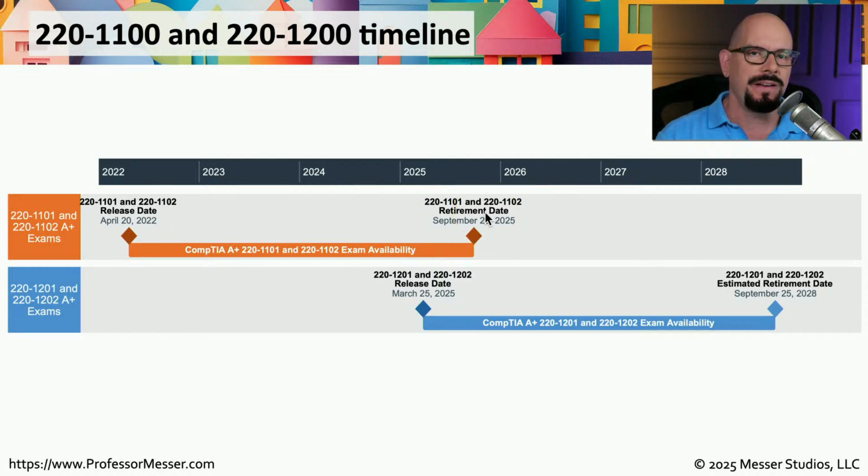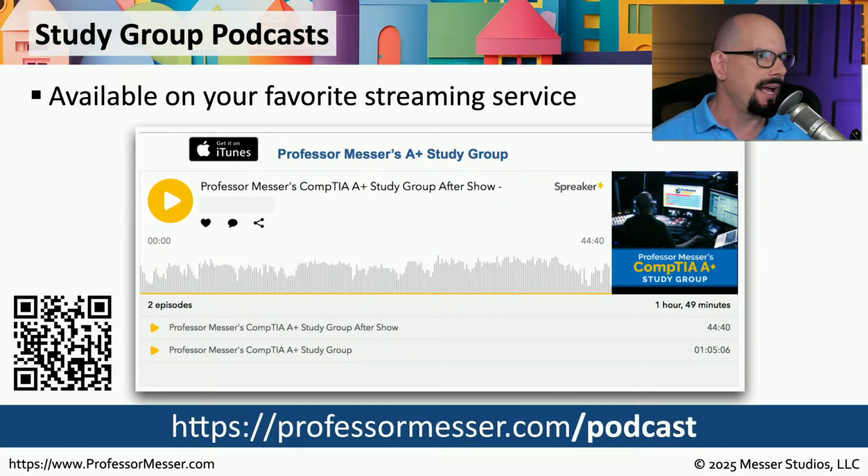And this can be a very easy process to transition either through the completion of your 1100 series or into a completely new series with the 1200 series. Either way, we've got study materials for you on our website and on our YouTube channel. There's plenty of things that we'll be doing for both of these exam versions. Do not worry about that.